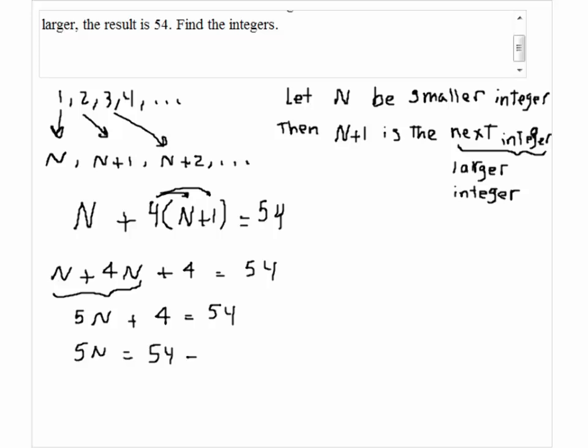I get 5n is equal to 50. So n is equal to 50 over 5, which is equal to 10. So the first integer is 10. The next one must be 11 then. The two integers they're referring to are 10 and 11.